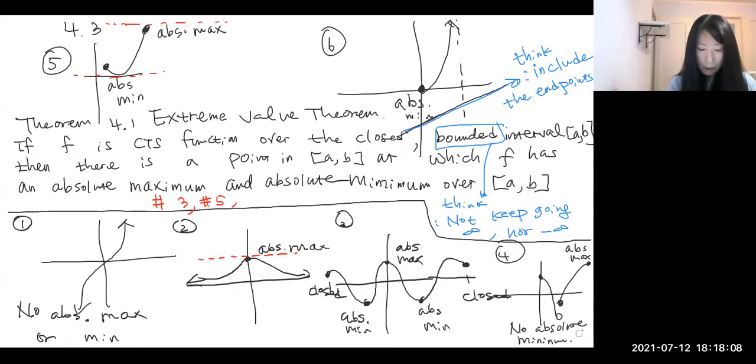Here actually there is an asymptote as well, looks like. So number 2, but that's not closed, okay? So this is closed, bounded.